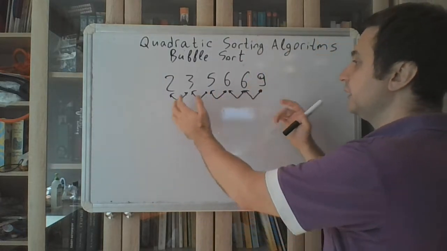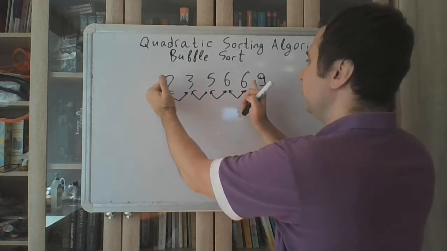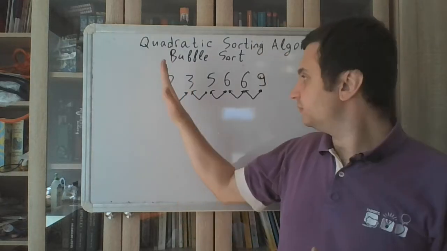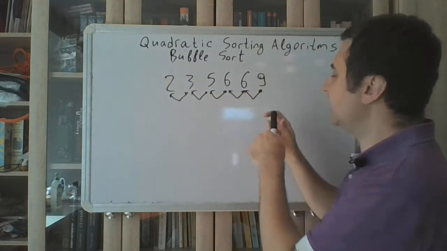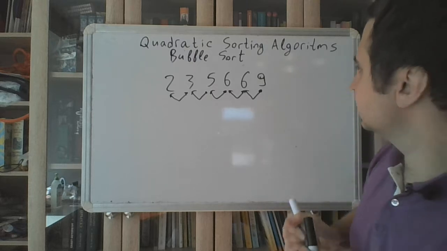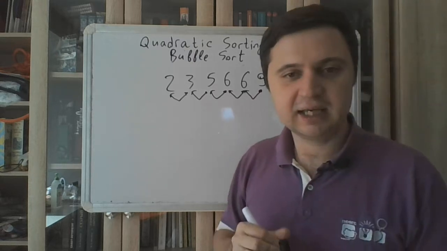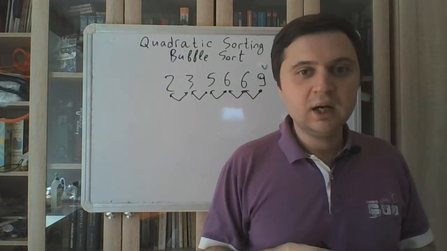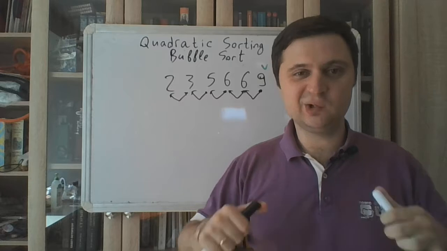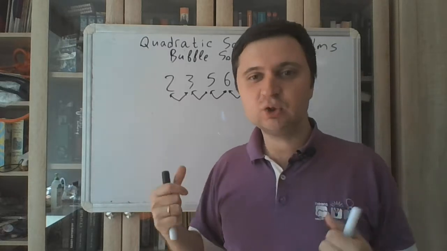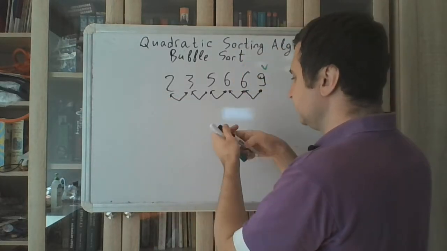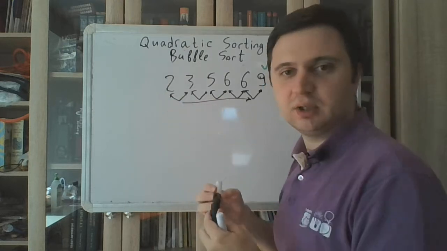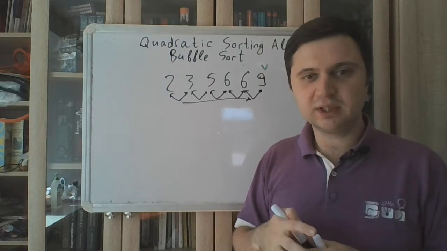Now, you cannot be sure in general what happens in the other part of the main prefix of the array. What you can be sure is that this position is wonderful, that 9 in the last position is the correct element. So if you don't want to remember anything or think about anything, what you can do is just repeat this procedure from left to right. If you simply repeat the full procedure, then what will happen?